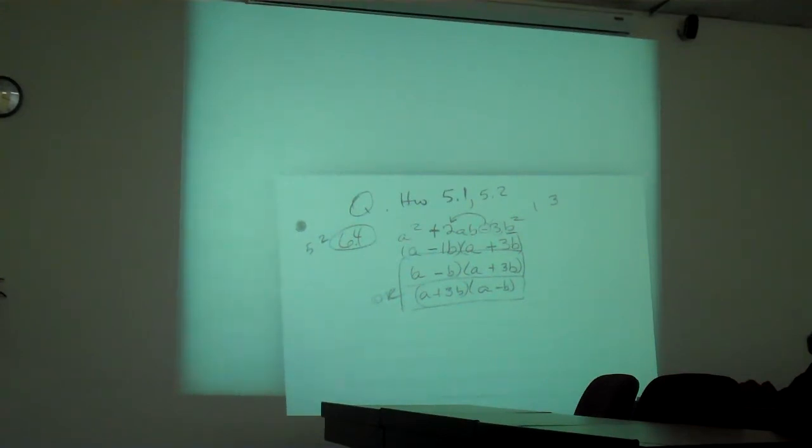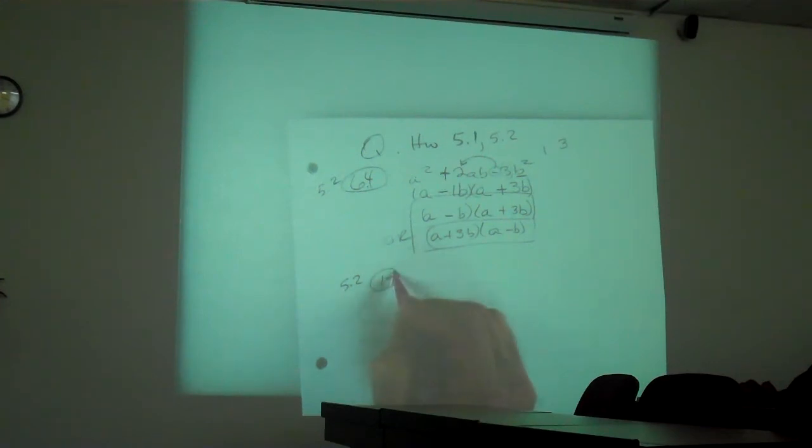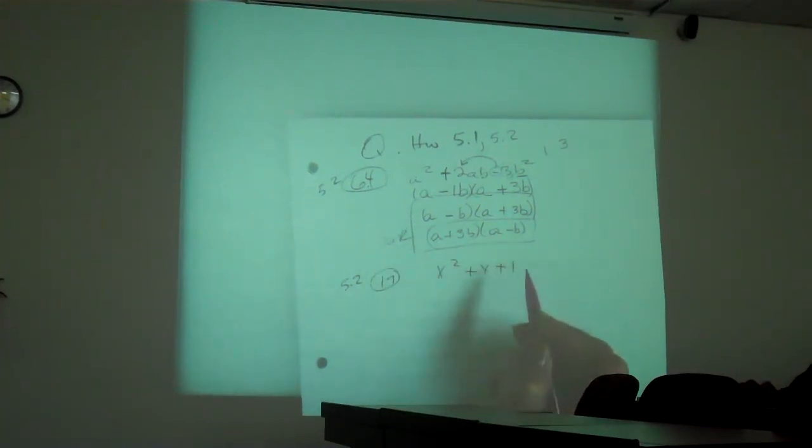Okay, and there was a question on 5.2, I believe, 17 and 18. If you look at number 17, which is in the back of the book, if you try to factor that, you have x here, and 1 has to be 1 times 1.